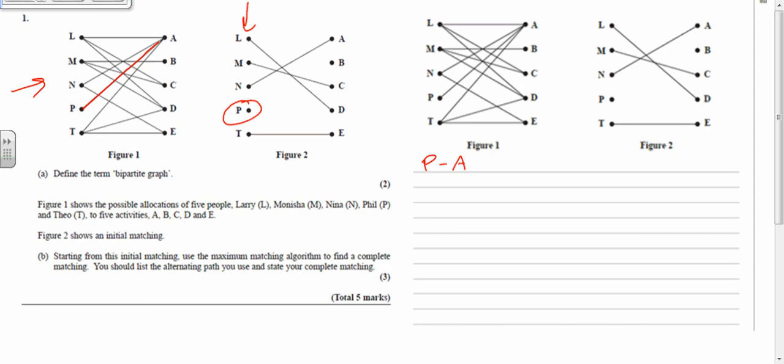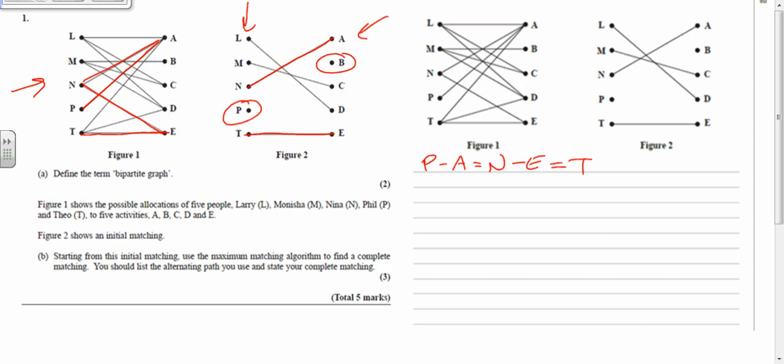Now, what we've got to do for the maximum matching algorithm is we say that A is already attached to N. So we say that with an equal sign, equals N. And then N can now be matched to E. Then we have a look at our original matching, and E is already matched to T. And we're looking to try and get to B, because that is the one that's unmatched.